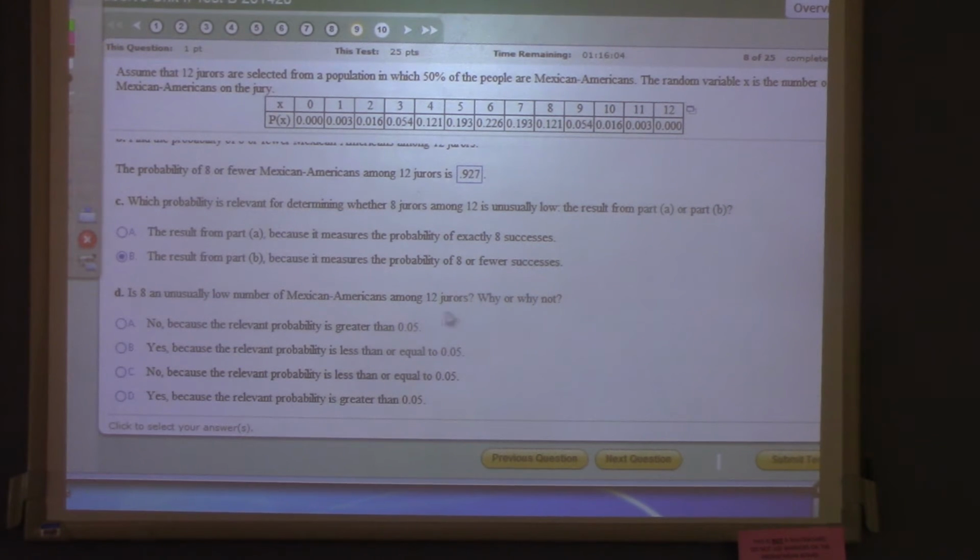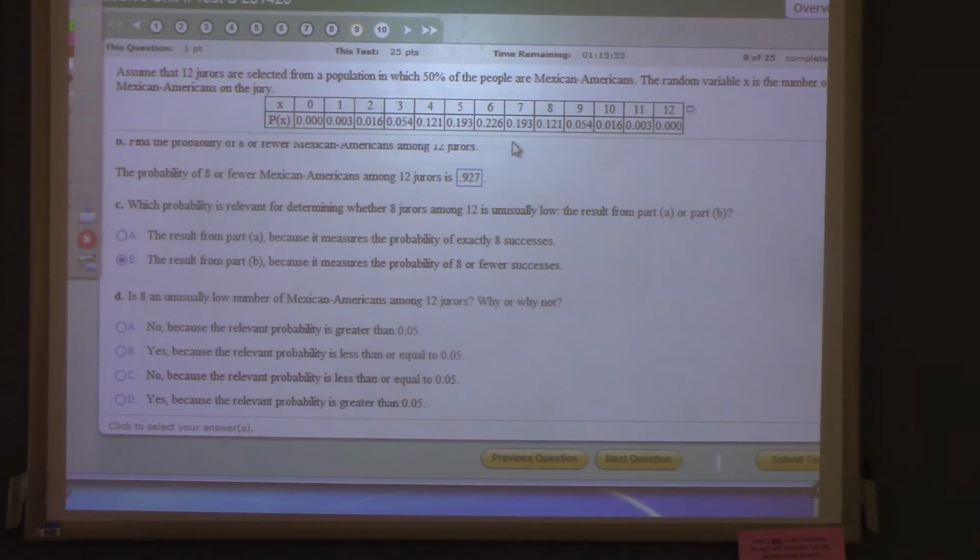Is 8 an unusually low number of Mexican Americans? Well, look at it. Is 8 0.121. How many, where is it? There it is. How many percent is that? 12. So you tell me. What's the magic number that we match up unusual with? 5 percent, right? So is that above 5 percent?